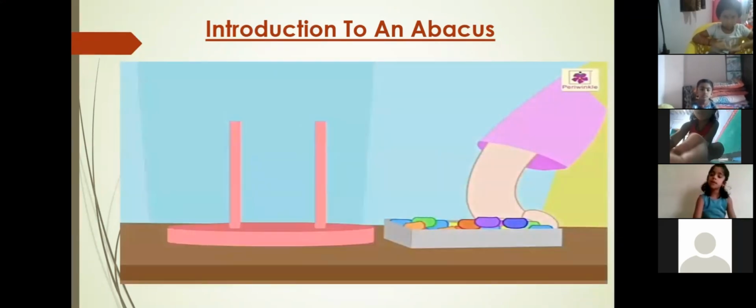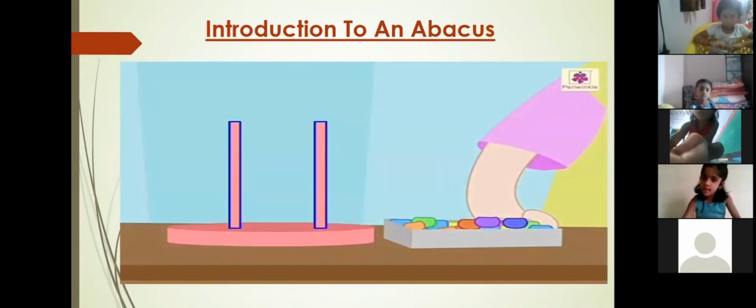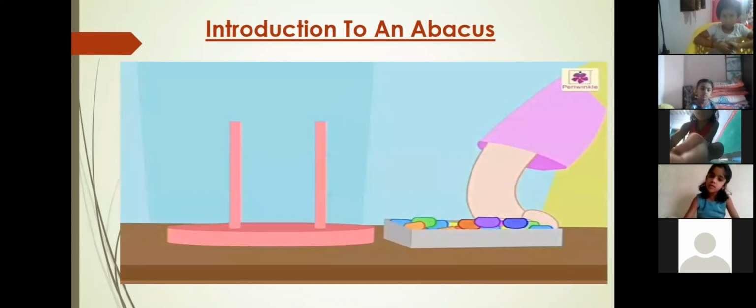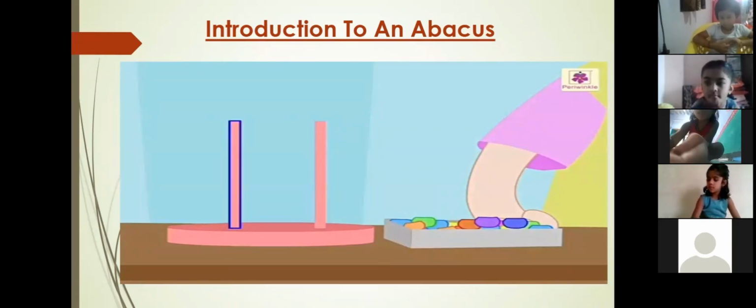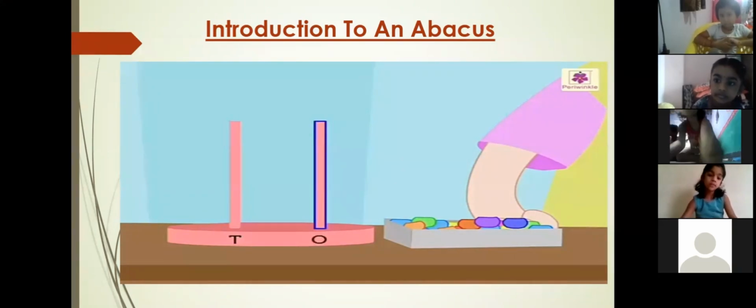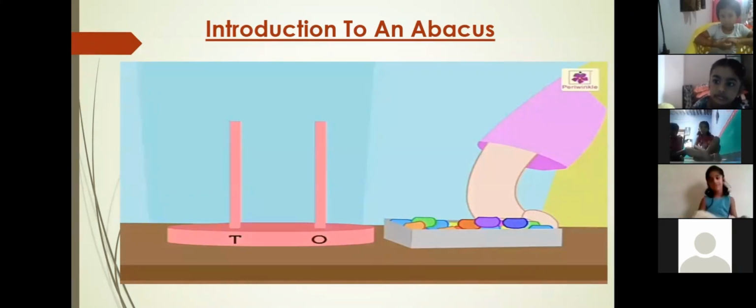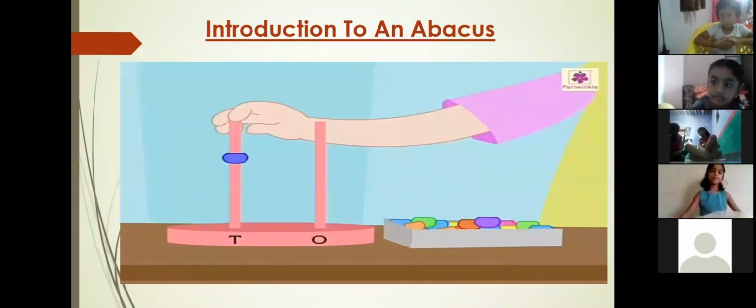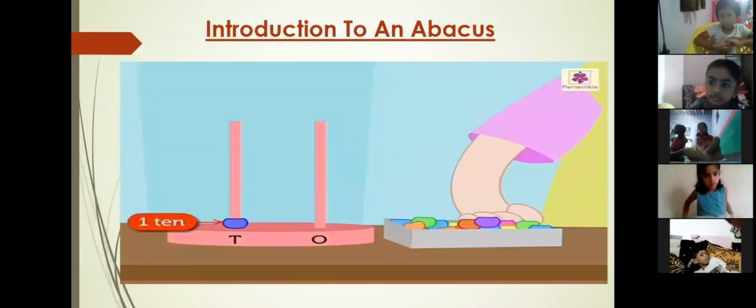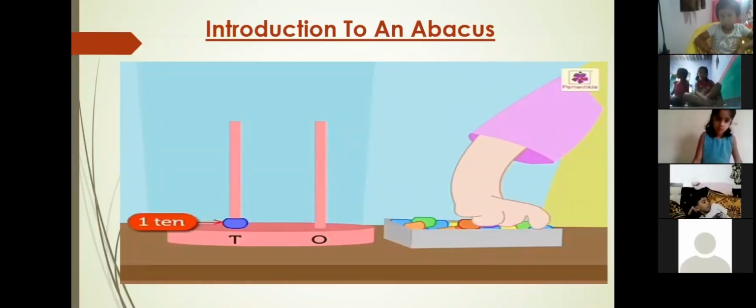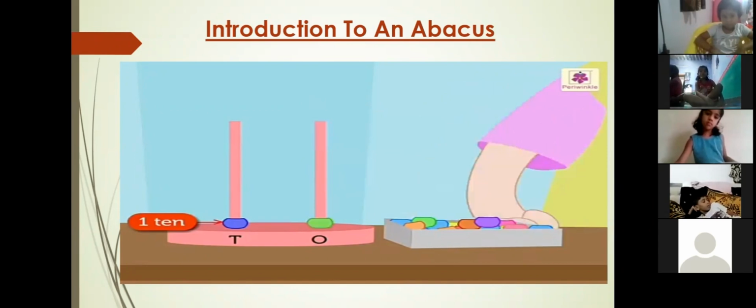The abacus has 2 rods and many beads. One rod is for tens and the other is for ones. Each bead in the tens rod represents 1 ten, and each bead in the ones rod represents 1 one. Let us help Simi to read numbers using abacus.